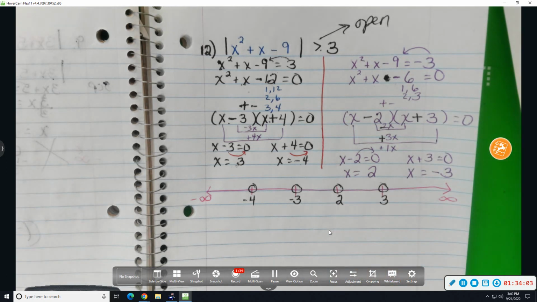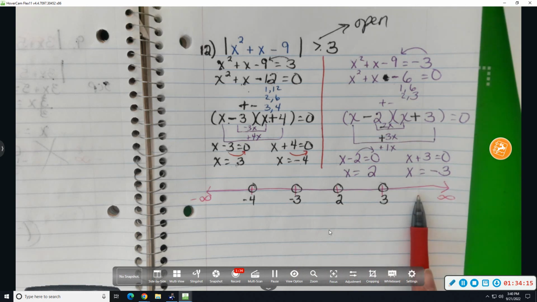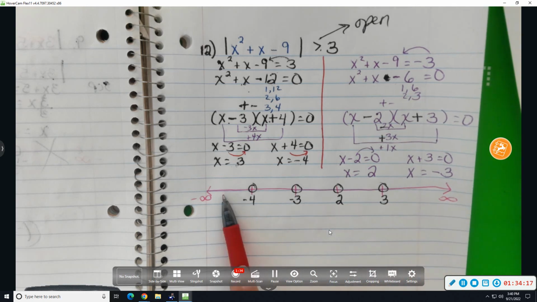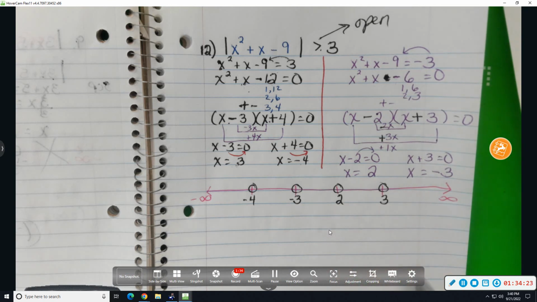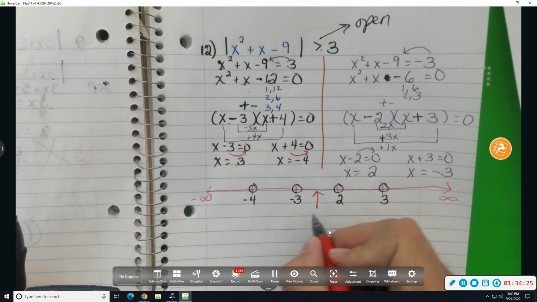Well, we're going to test one interval. I'm going to use 0. But here, notice there's how many intervals? 1, 2, 3, 4, 5. Which of these intervals contains 0? That's the one I'm going to test. Negative 3 to 2. Good.